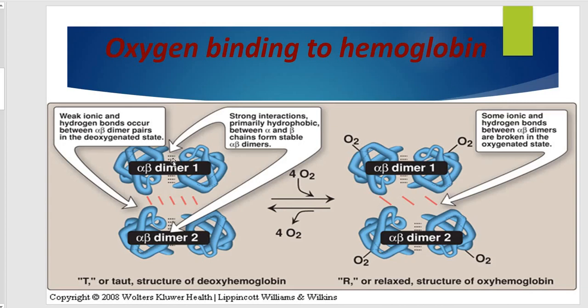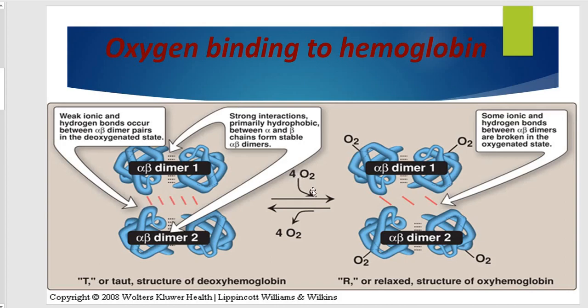Here are the strong interactions between the 2 alpha and beta chains of each dimer. They are strong interactions, hydrophobic connections or hydrophobic bonds. And here are the weak ionic and hydrogen bonds between the 2 dimers. These weak bonds can be broken easily with the entrance of oxygen.